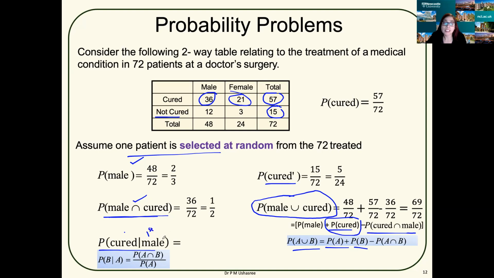What is the probability that the male you have picked is cured or not? That is your second event. So probability of A intersection B is 1 by 2, and probability that you picked a male is 2 by 3. You solve this, and that's your answer.